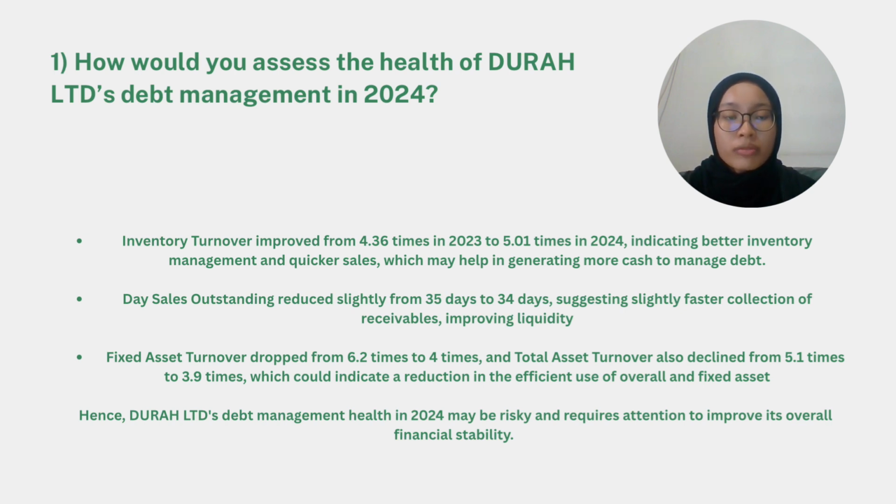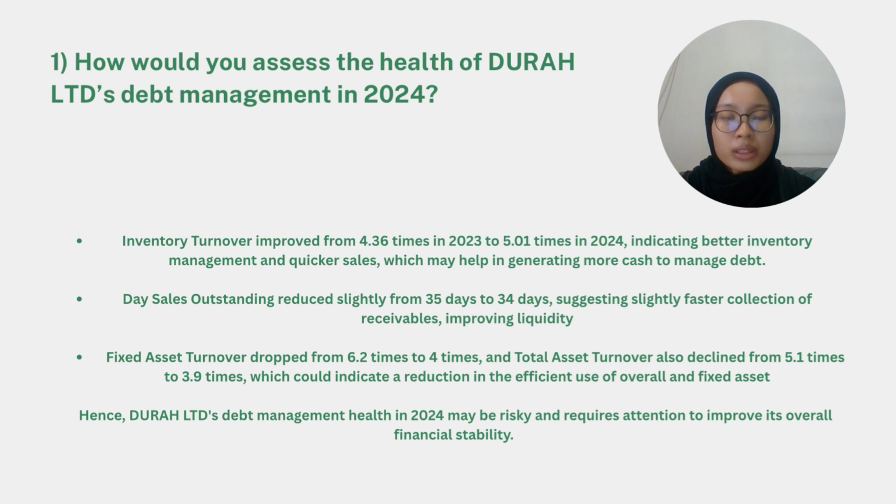In order to evaluate Dura Ltd's debt management in 2024, we must take into consideration if the company effectively used its assets to generate returns, manages liquidity well, and stays free from excessive reliance on debt. In 2024, Dura Ltd demonstrated a slight improvement in its working capital efficiency.